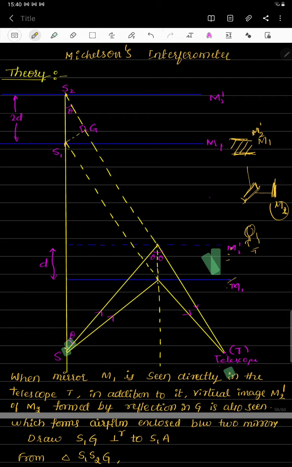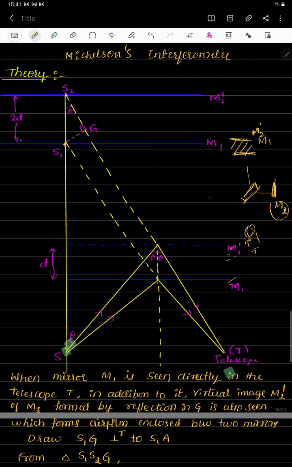Now see here, the distance between the two mirrors M1 and M2 dash I have considered as d. Because these two rays are reflected from two mirrors at distance d, according to the phenomenon of plane mirrors, the distance between the two coherent sources becomes double, equal to 2d.